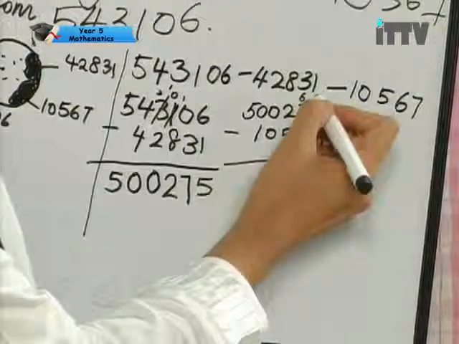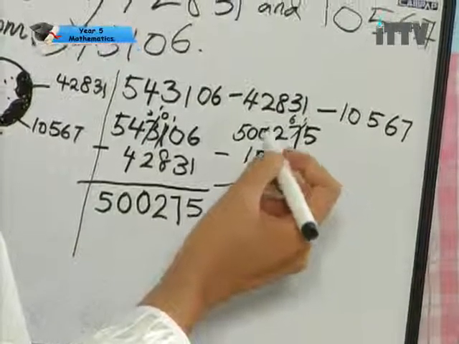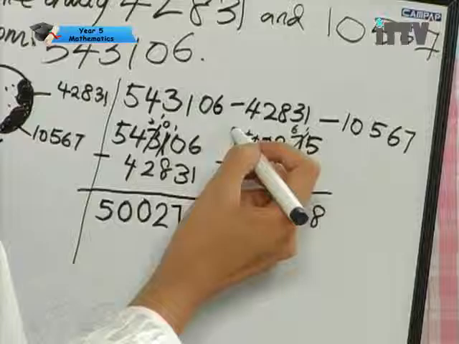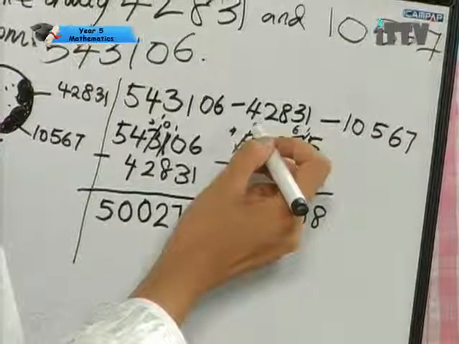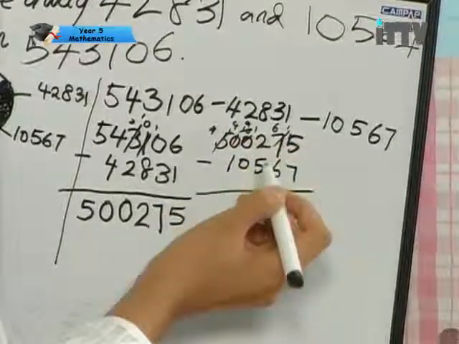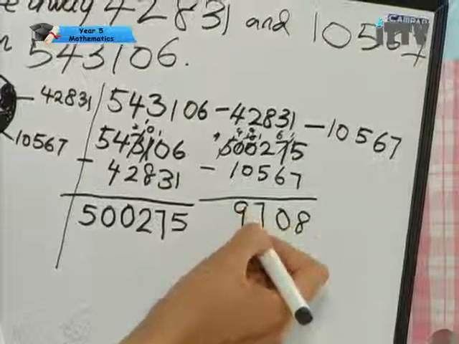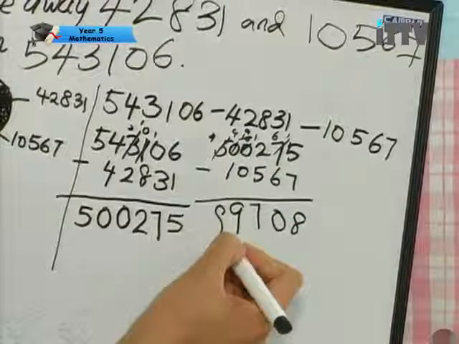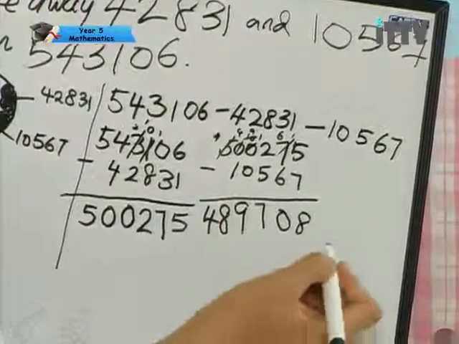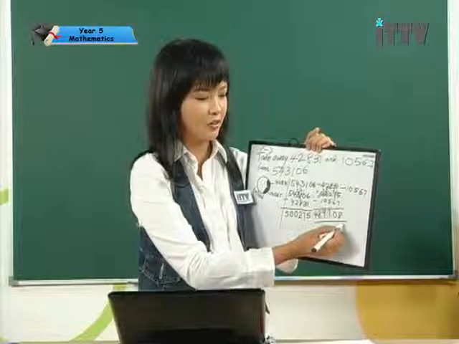Here we go. 8, 0. Let's do some trading. 9 and 10. Oops, we have to trade another one. 7. So we have here 9. 9 minus 1. This is our final answer.